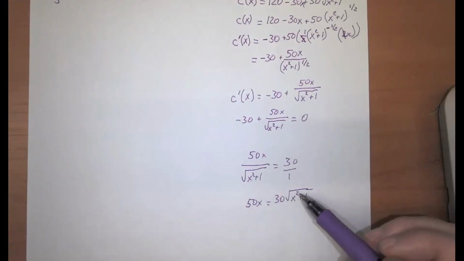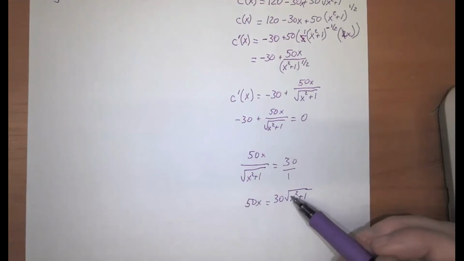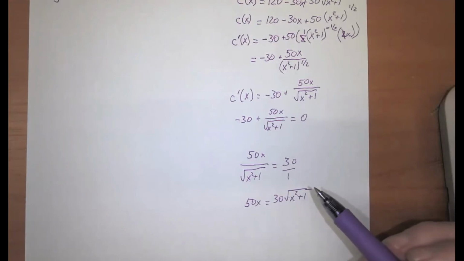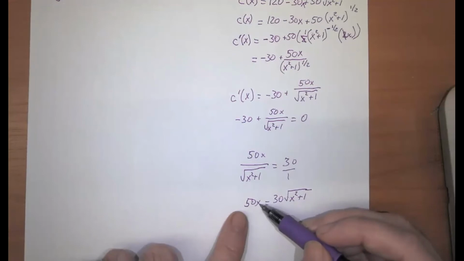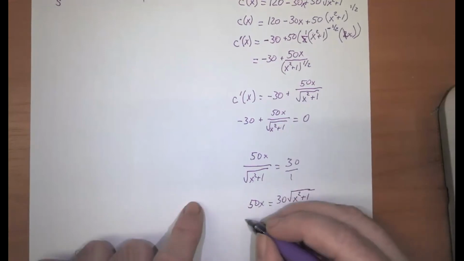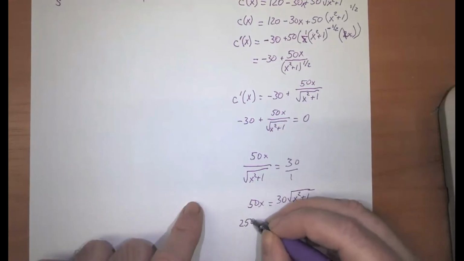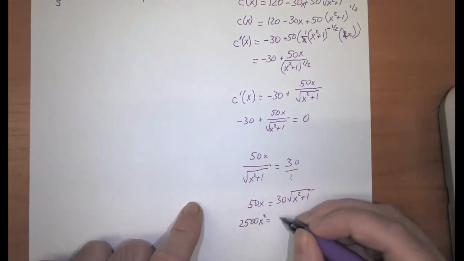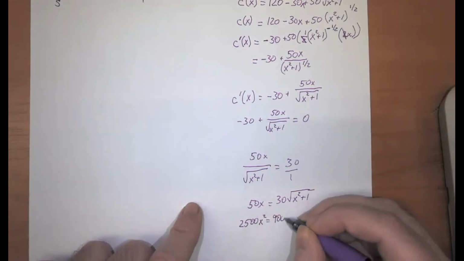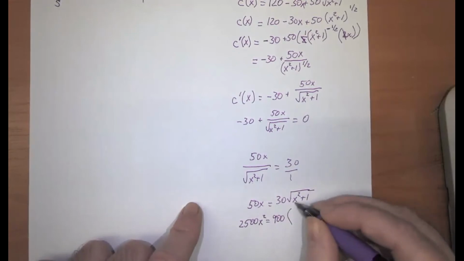The next thing we could do is if we squared both sides of the equation, this square root sign would go away. So that seems like a good idea. So 50x, if we square that, we get 2,500x squared is equal to 30 times 30 is 900 times what was in the square root, which is x squared plus 1.